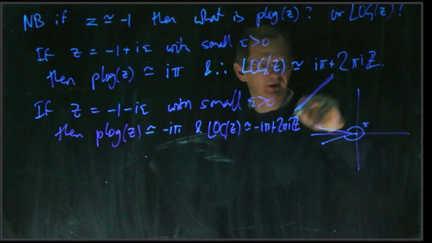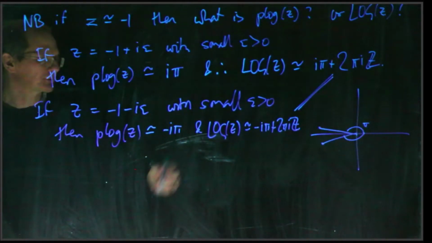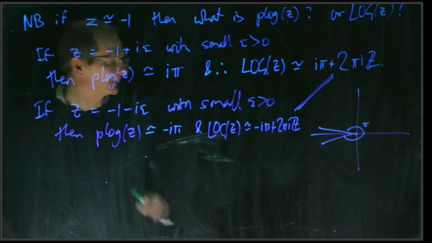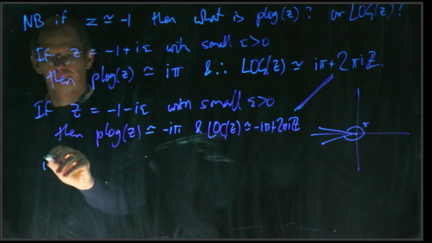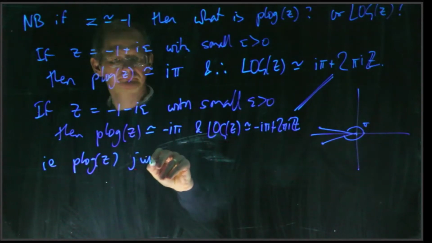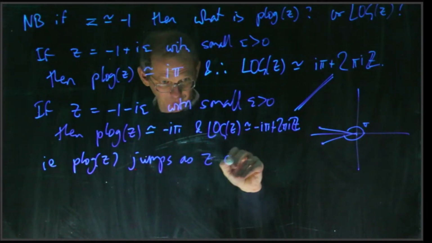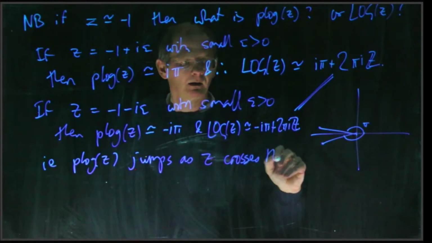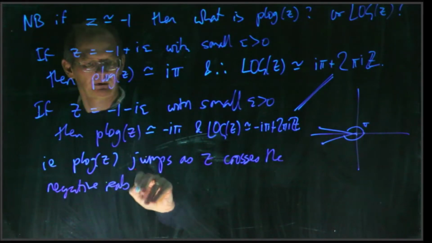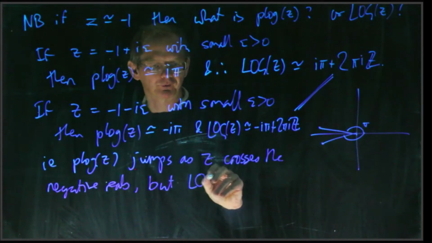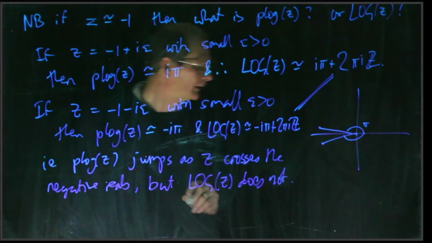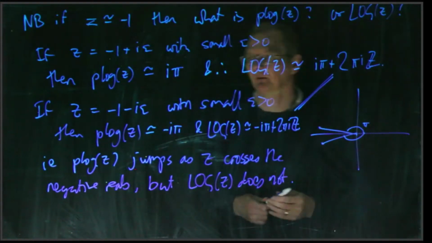So the capital Log is not jumping, but the principal logarithm is jumping. So pLog z jumps as z crosses the negative real axis, but capital Log does not. That's how we need to think about this.